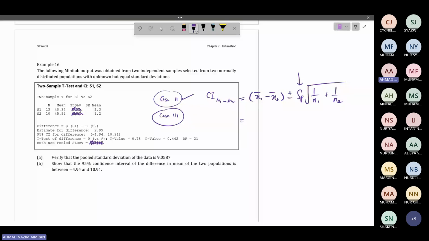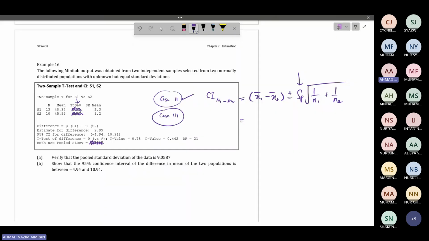Macam mana nak dapatkan standard deviation ni? Anyone? Anyone? How to get the standard deviation?